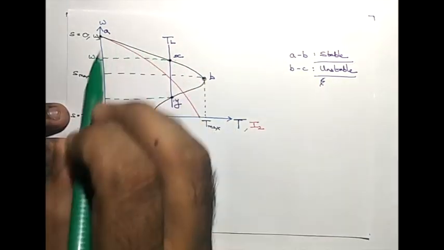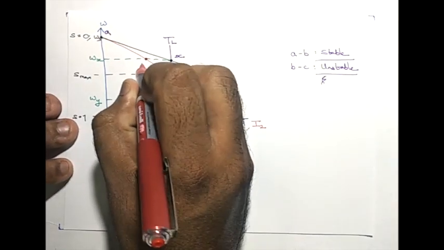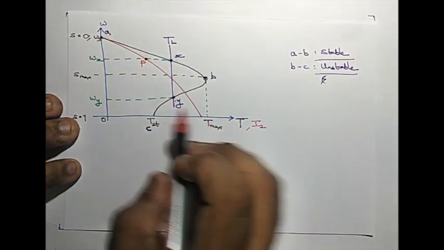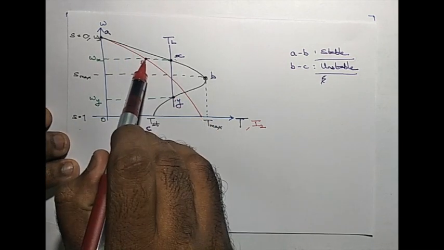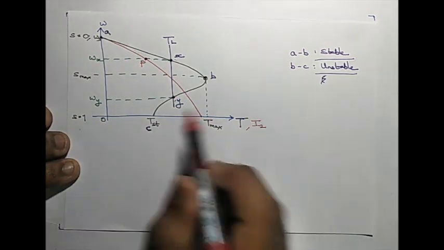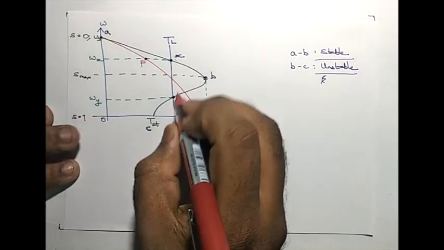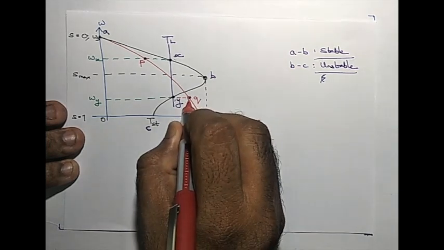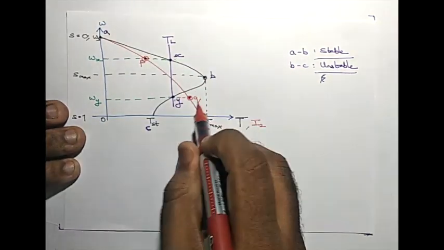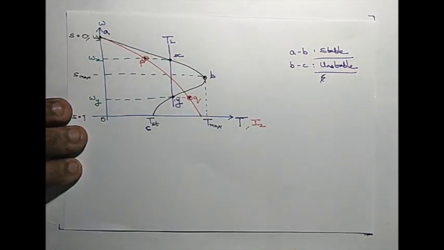See, what is the value of the current? Let this be operating point P corresponding to operating point X. That is, when the machine is operating at X, it is drawing this much current. And when it is operating at point Y, let it be Q. This is the operating point in current.